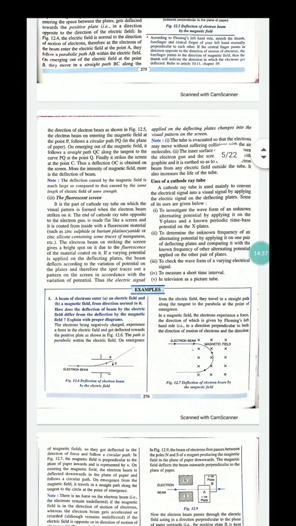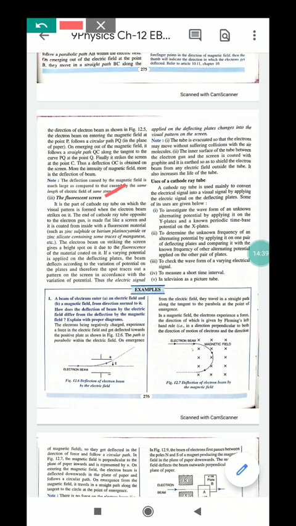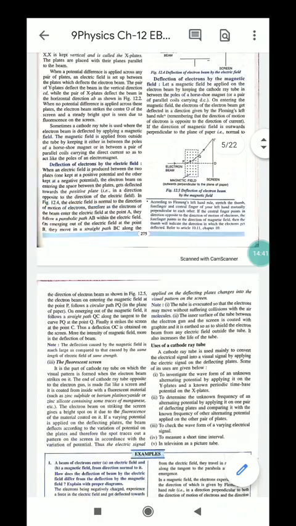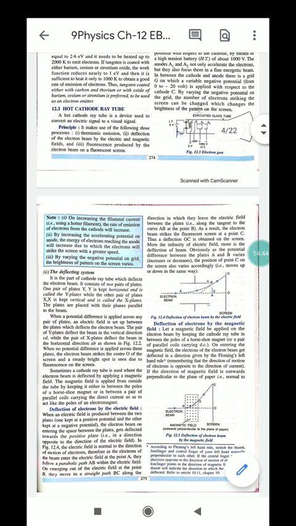Now we will read descriptively about the electron gun.